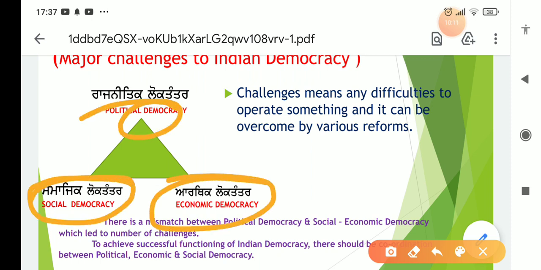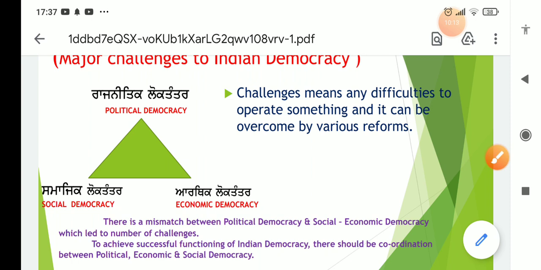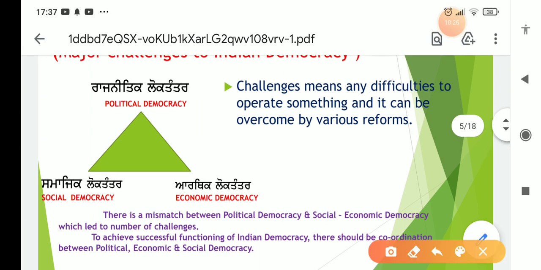We have shown it in this triangle. Challenges means difficulties in operating something, and they can be overcome by various reforms. How can these challenges be overcome? Let us see further what it says.